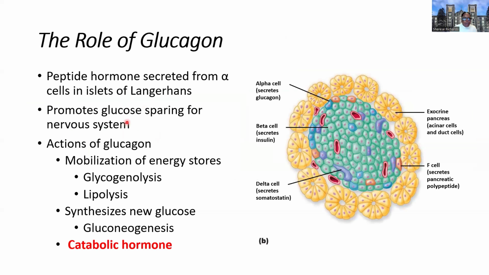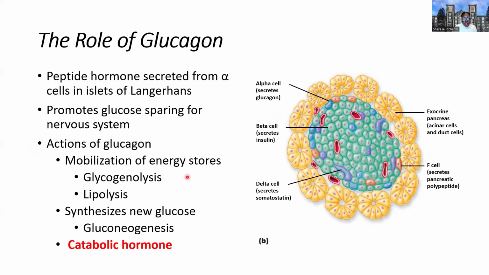Let's shift and look at the role of glucagon. Glucagon is secreted from a different set of cells, the alpha cells of the islets of Langerhans, and this is going to be promoting glucose sparing for the nervous system. This is encouraging the glucose to be shuttled off to the brain and spared for the brain tissue.